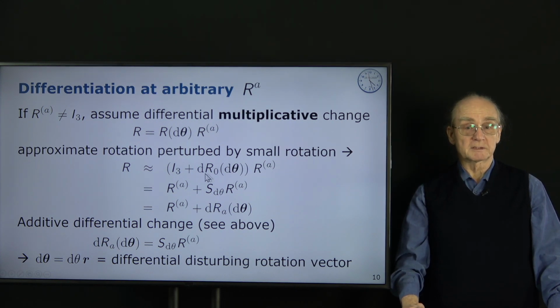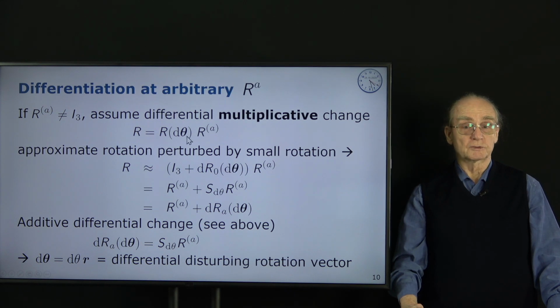And if we multiply this out, we get Ra plus S of d theta multiplied with Ra. This is exactly what we assumed. That means this representation here, if we linearize it, we obtain exactly the same what we did before.